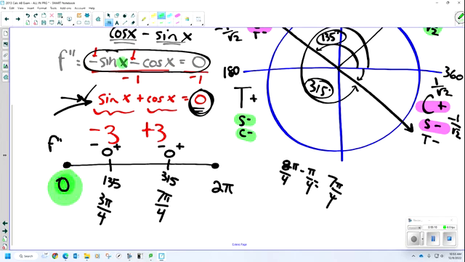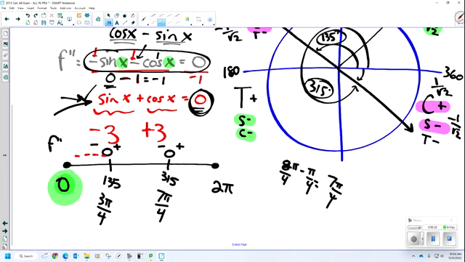The sine of 0 is still 0, minus the cosine of 0, which is 1, but I've got to subtract my 1. 0 minus 1 is negative 1. So these are negatives.